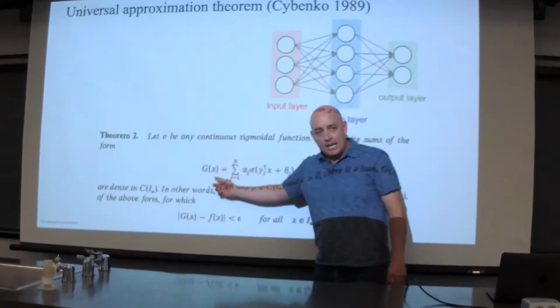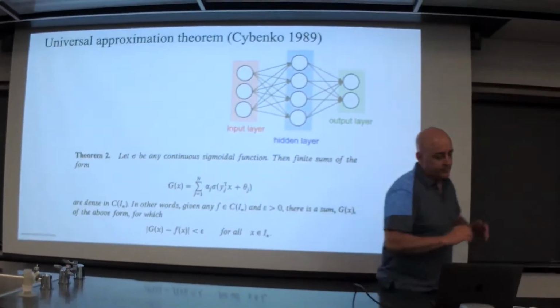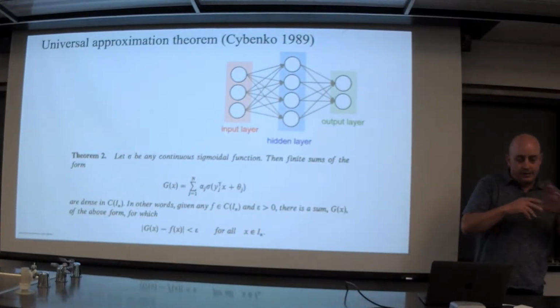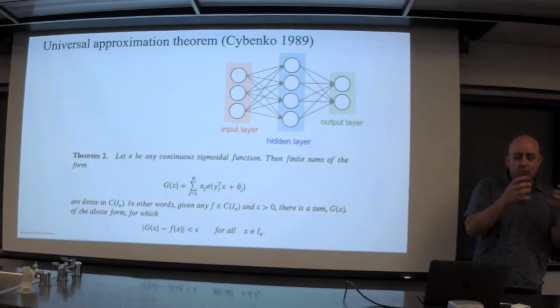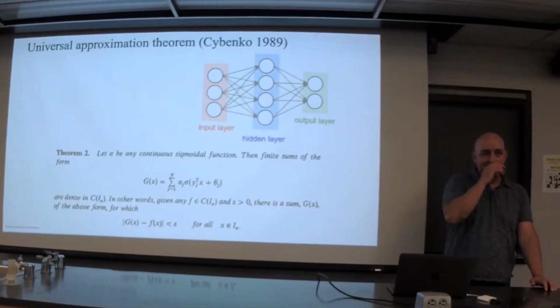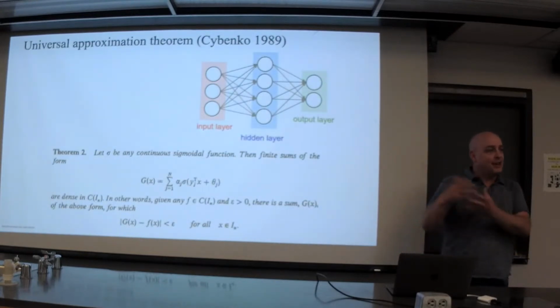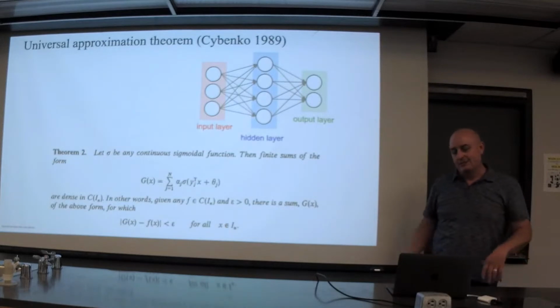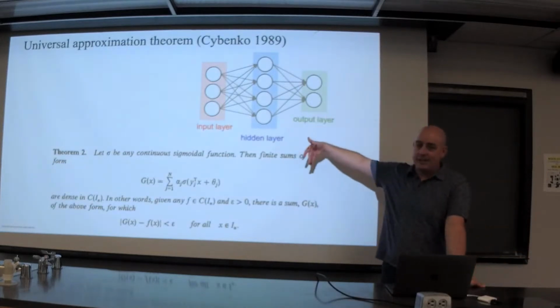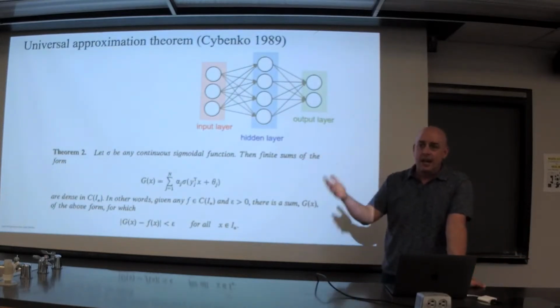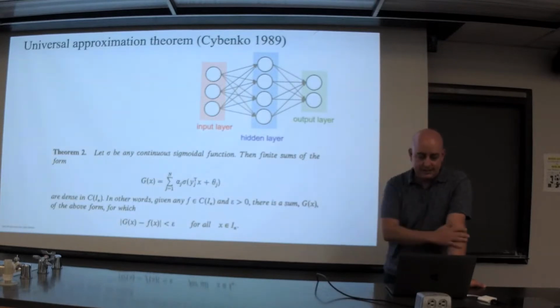I can approximate it to any tolerance. I can approximate as well as I want with a neural network. That's good. That means that neural networks are the thing that we should be looking at. They're dense. That's great. All we're gonna do now is find the right neural network for our problem, and we're done. And it's only a single hidden layer.